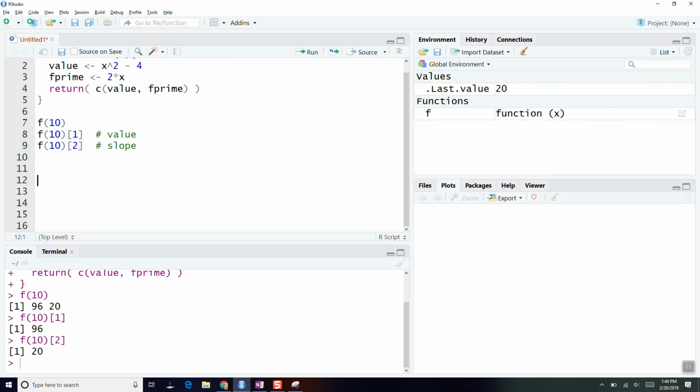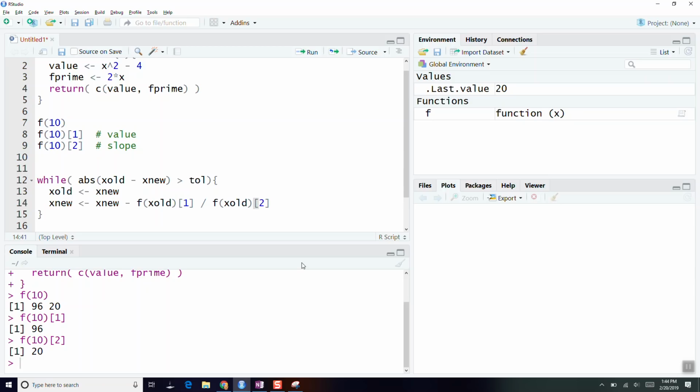So in our case, I'll just write while the absolute value of x old minus x new is greater than some tolerance. Our current value of x new will become old for the iteration, and then we're going to say x new is x old minus f of x old, the value, divided by f prime of x old, the derivative.